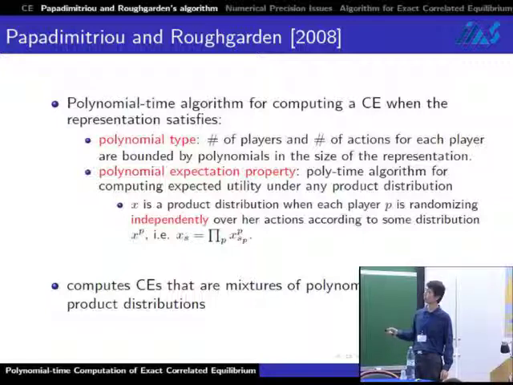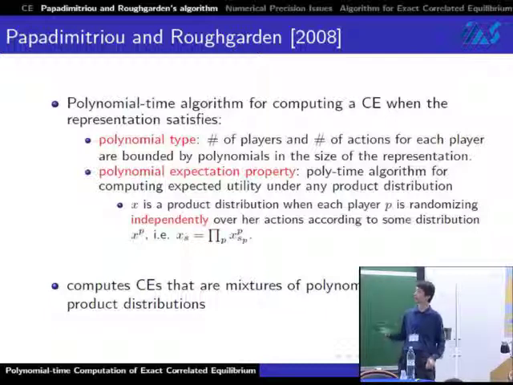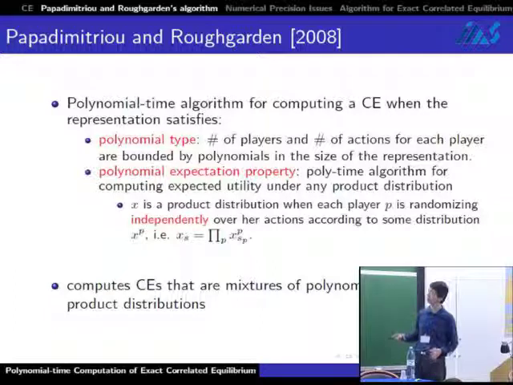So this is a very important result because unlike Nash equilibrium, where computing one Nash equilibrium is generally PPAD-complete, this allows us to compute a correlated equilibrium in polynomial time, and it applies to a very wide range of representations, because the representations I mentioned earlier all satisfy these two properties.